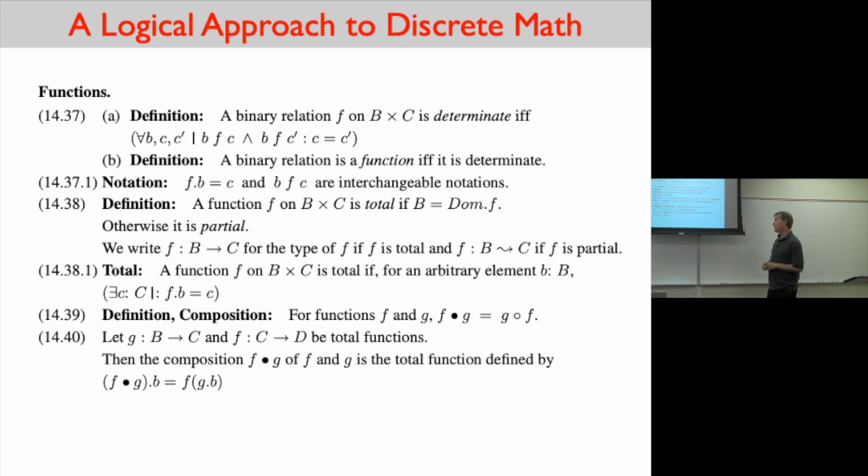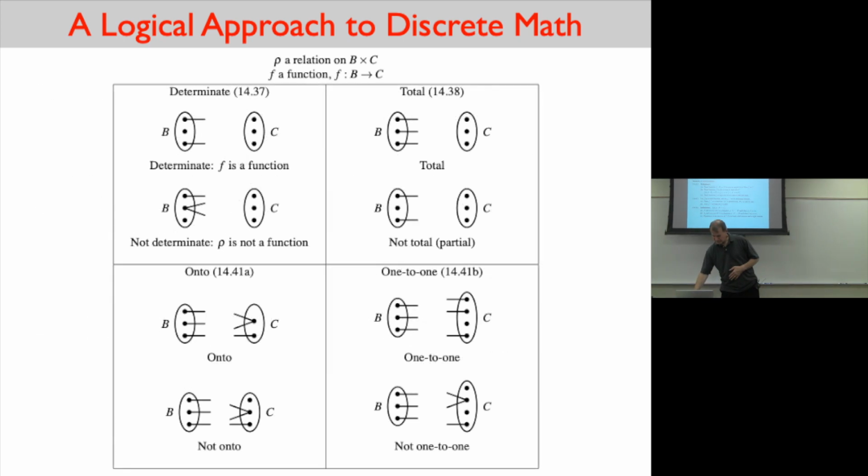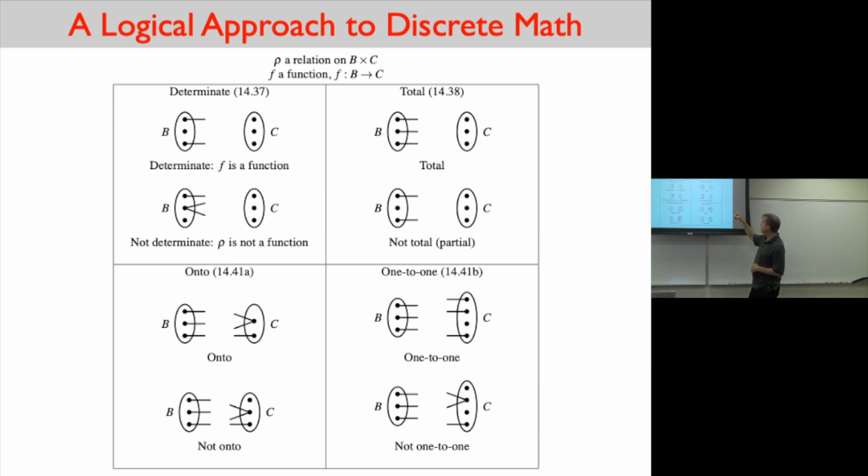Now, I think you can kind of visually see why that is equivalent to what total was. Let's look at the picture for total again. That's in the upper right quadrant here.